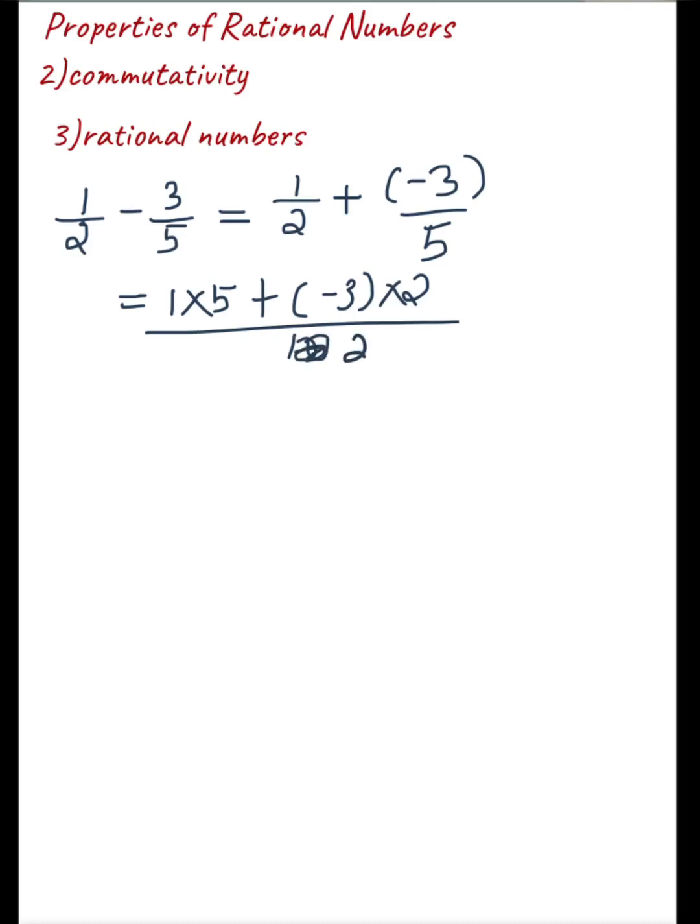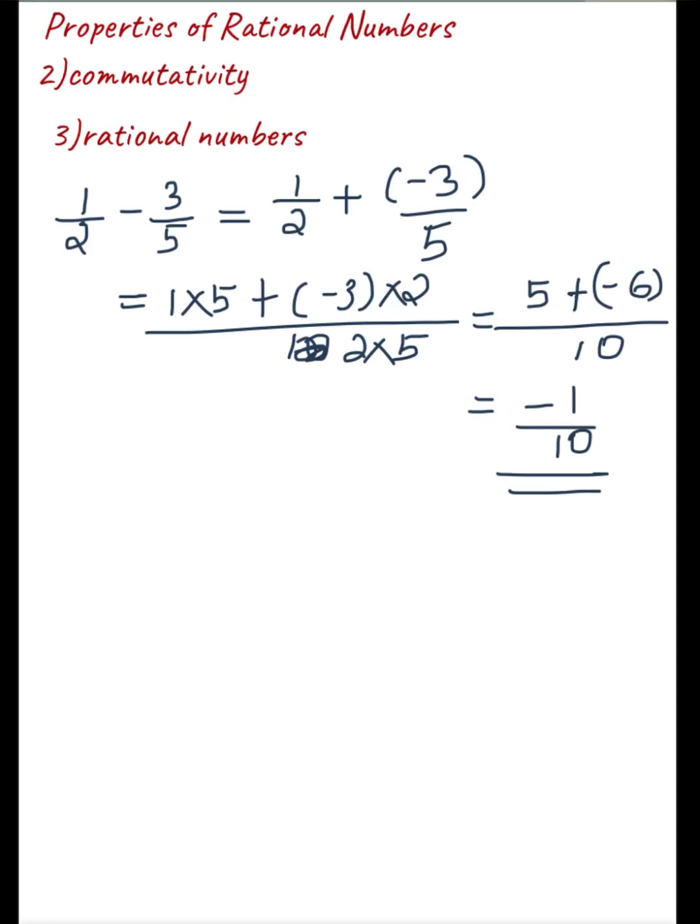So this will be equal to, what is 1 into 5? It's 5 plus minus 3 into 2 is minus 6. Okay, divided by 10. Now what is 5 plus minus 6? It's minus 1 by 10. So minus 1 by 10.